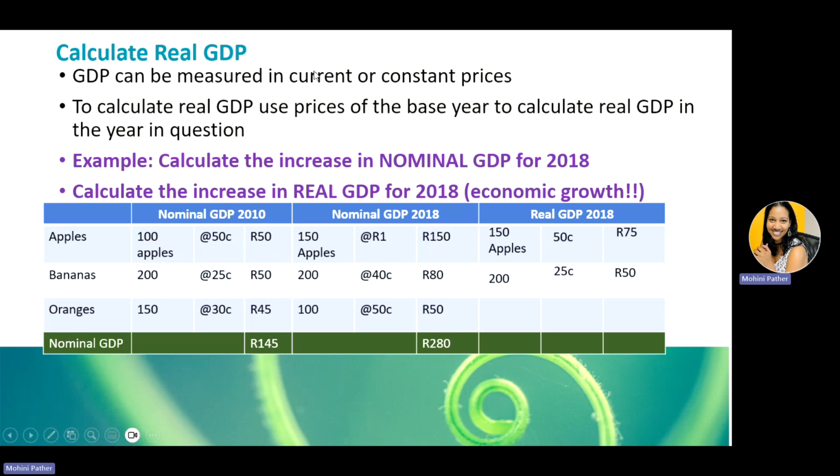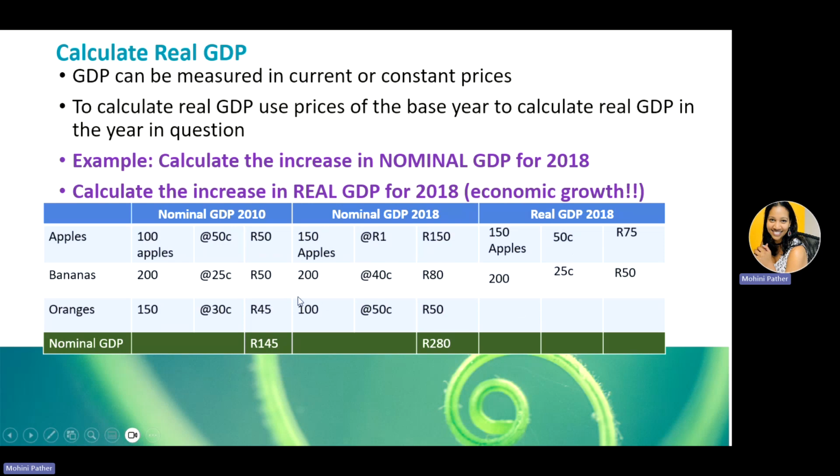Okay, so now we look at our final example, which is oranges. Here we see that our production has actually decreased, but it still looks like, if we look at just the nominal GDP, our industry in oranges has grown by 5 rand. But let's look if it still holds up when we look at the real figures.